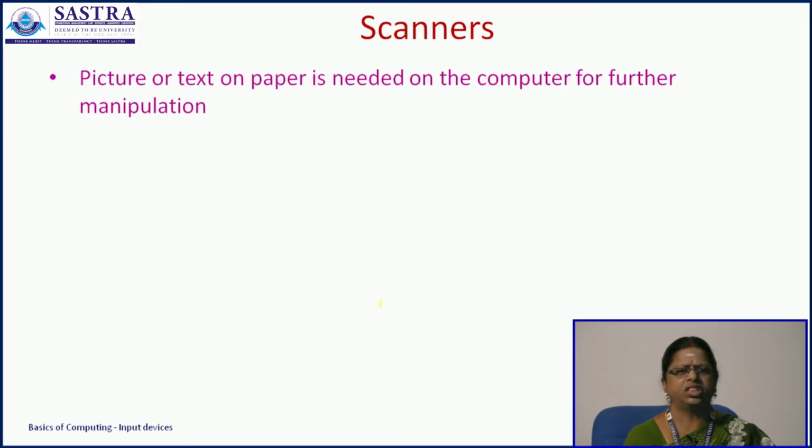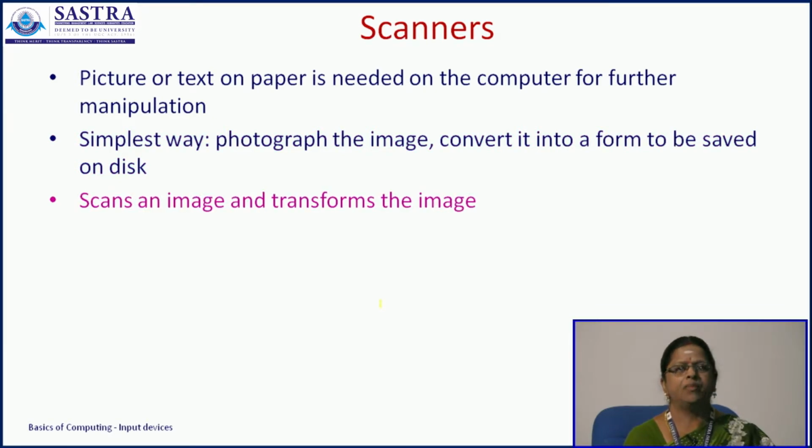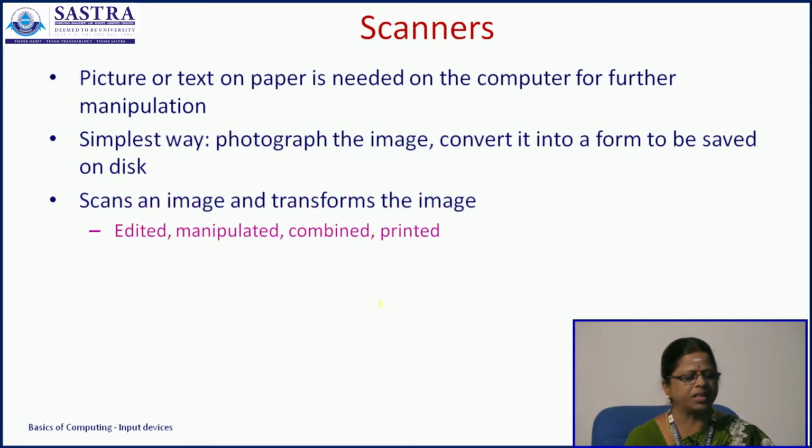Sometimes it is essential for a picture or a text on paper to be transferred onto the computer for further manipulation. The simplest way is to photograph the image and convert it into a form which can be saved onto a disk. So the scanners help in scanning the image and transforming it so that it can be edited, manipulated, combined and later printed.